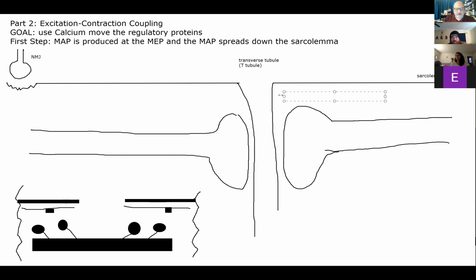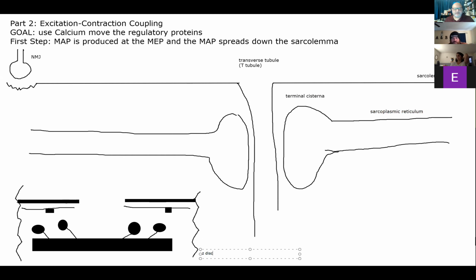Then we have our terminal cisterna. That there, which is in the large portion of our sarcoplasmic reticulum. And then let's go ahead and really small remind ourselves of all these proteins.